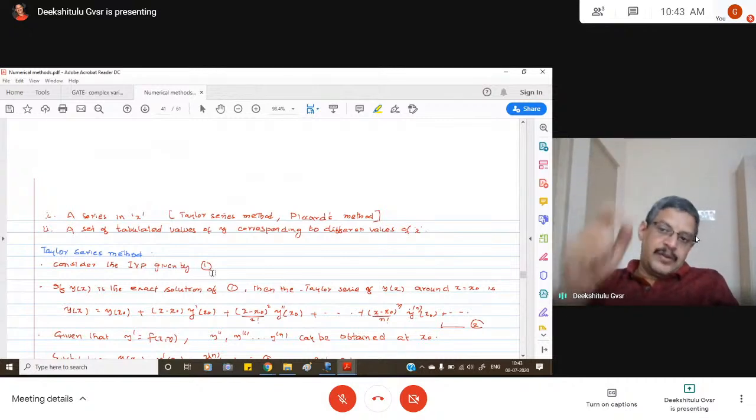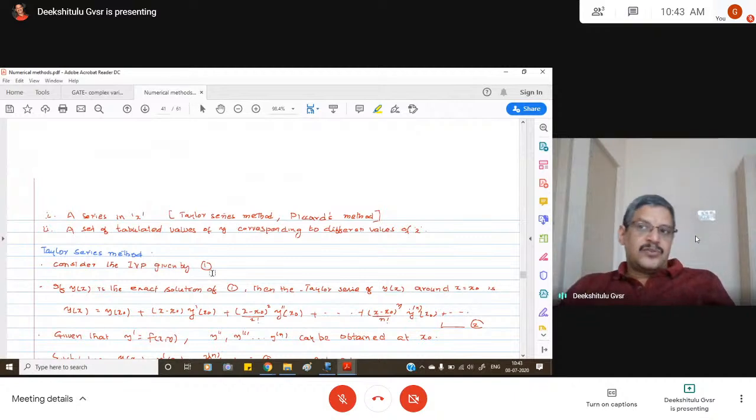If you calculate, you get the solution as a number at a given value of x. Like if y of 0 is equal to 1 is given in the problem as the initial condition, then you will get y at 0.1, y at 0.2, y at 0.3, y at 0.4, and so on and so forth.